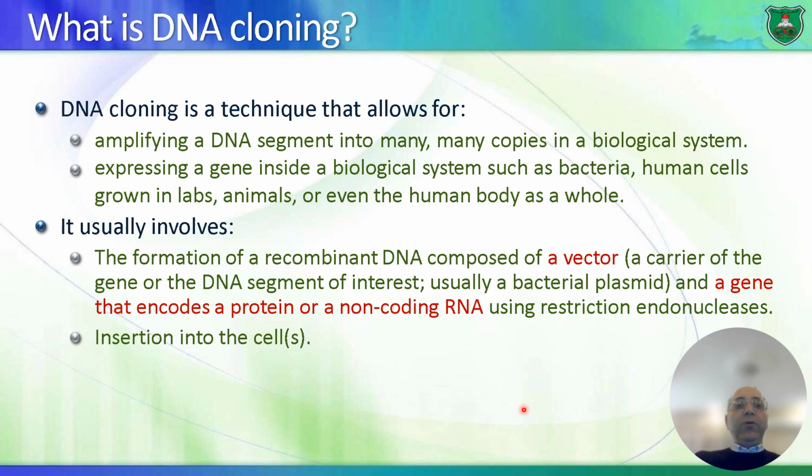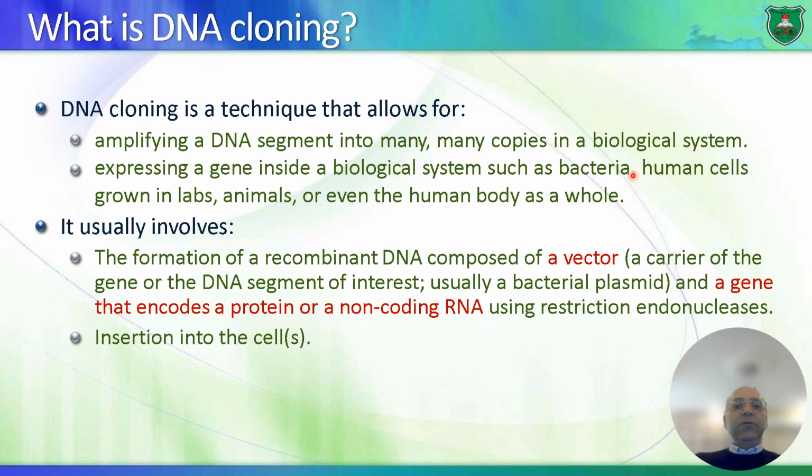Or we can use a cloned DNA to have bacterial cells or human cells express specific genes, like the insulin gene, for example, or a gene that produces an enzyme or whatever.